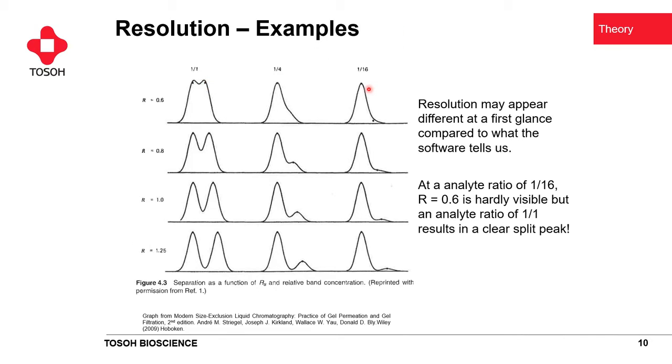However, if we have one of the molecules only in the solution at 1/16, we can hardly see that there are two molecules hidden in this peak. And of course, this is something that you would expect. With increasing resolution, we can still see two different peaks, even though we have one of the molecules only present at a very low concentration in our solution.